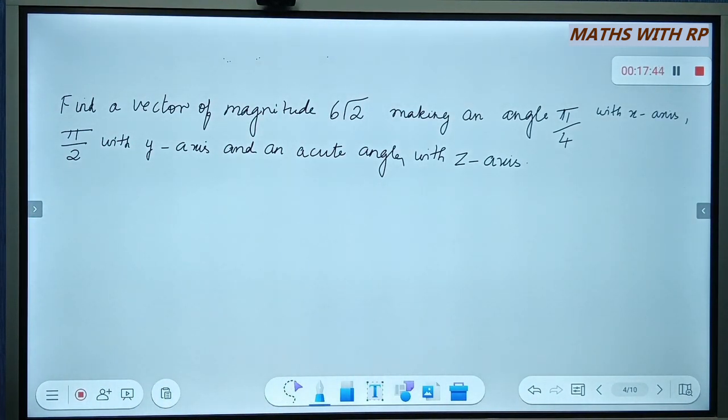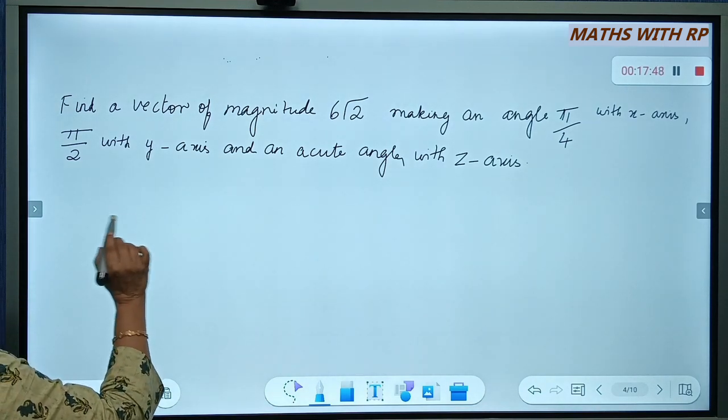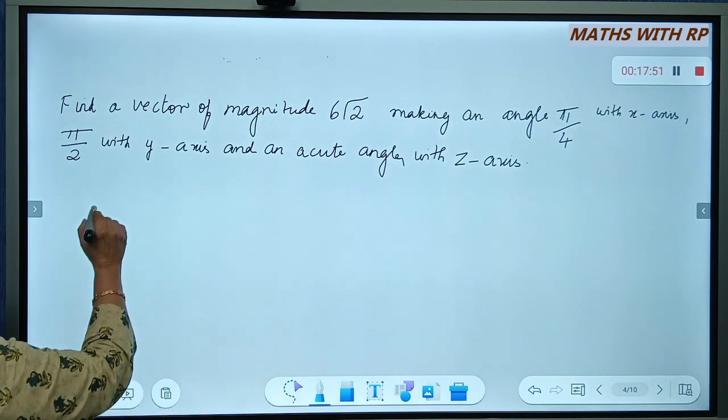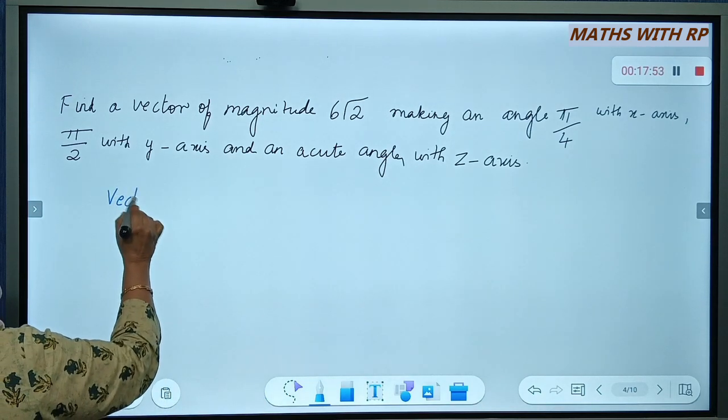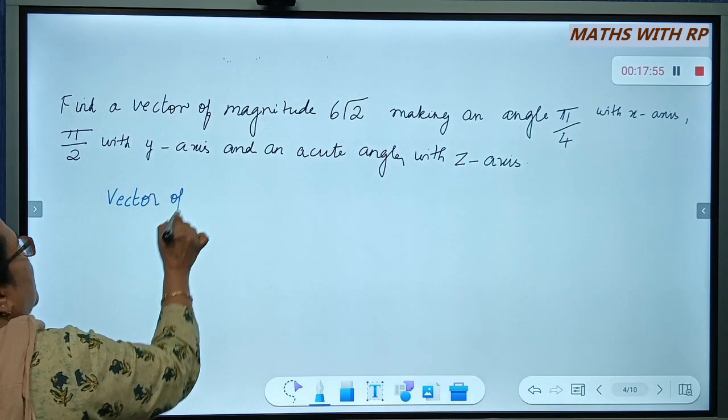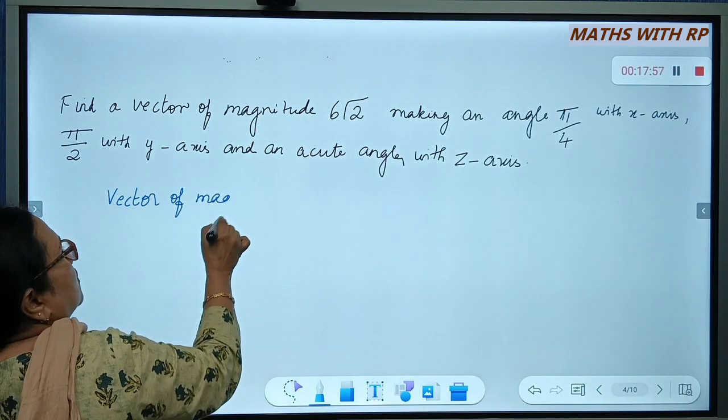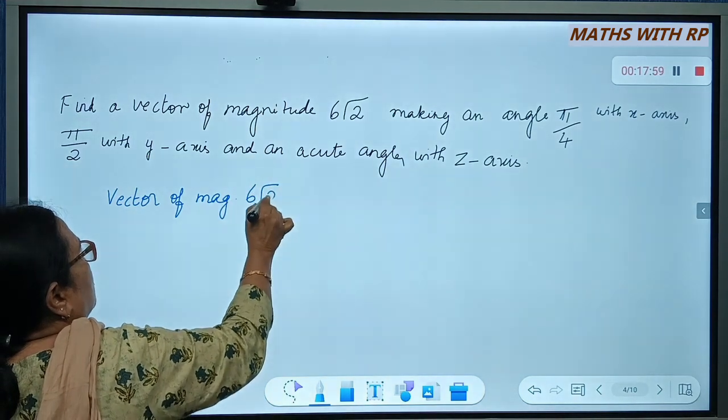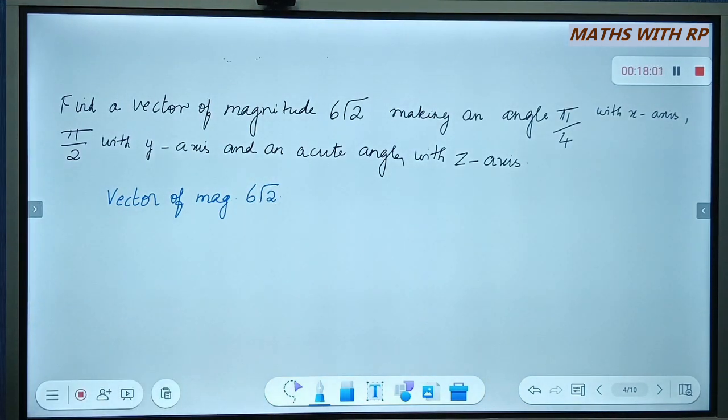Now you have to find a vector of magnitude 6 root 2. Okay, we need a vector of magnitude 6 root 2, making an angle pi by 4 with the x-axis, pi by 2 with the y-axis, and an acute angle with the z-axis.